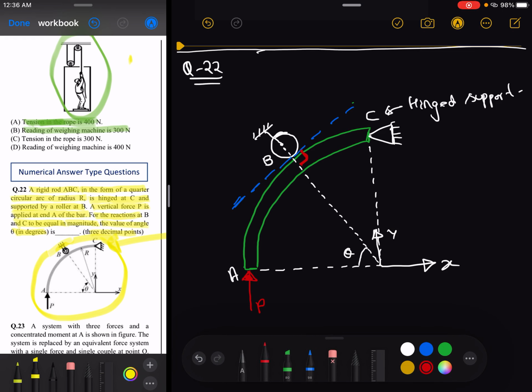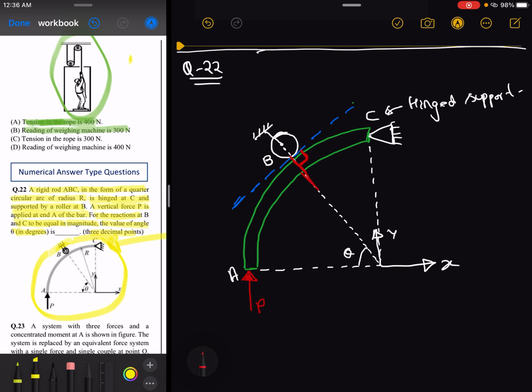Sorry, I am continuing in English. So the support reaction will always act in the perpendicular direction at the point of contact. So dear, here is the roller support RB. So this roller support will apply a reaction in this direction, and this reaction is nothing but RB.